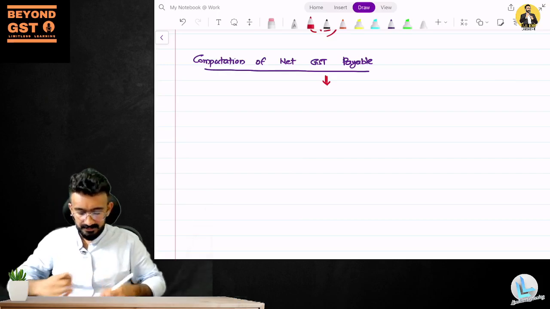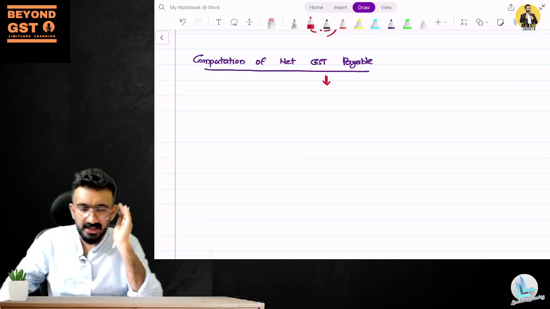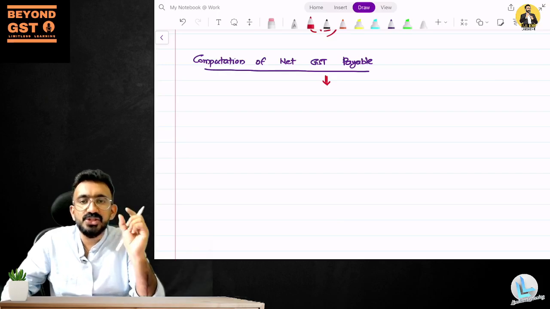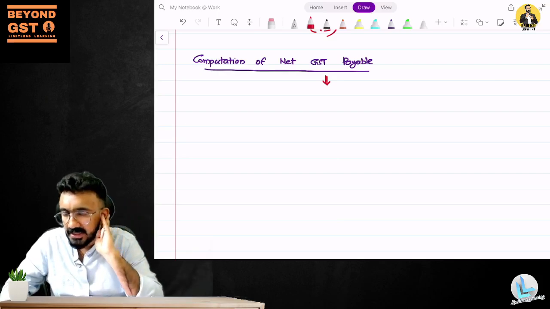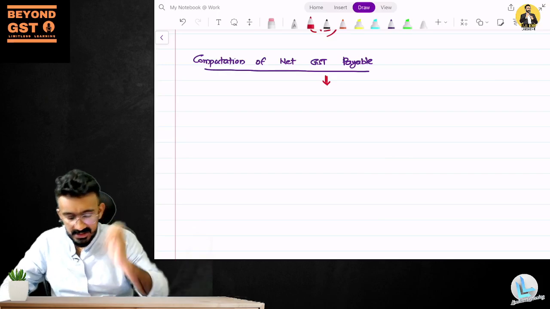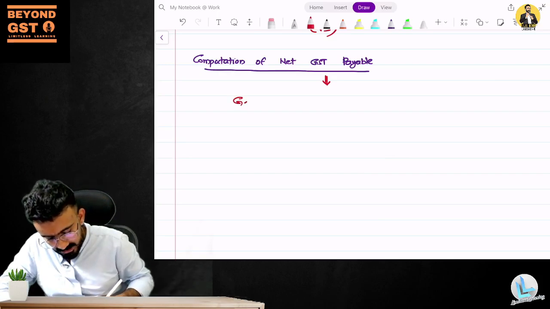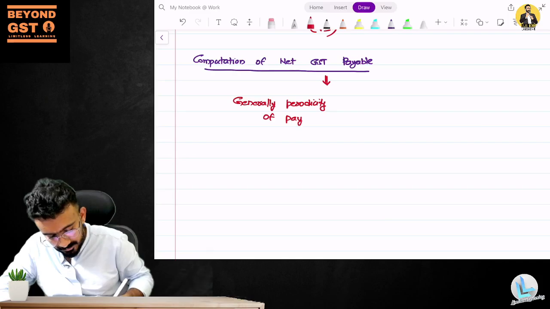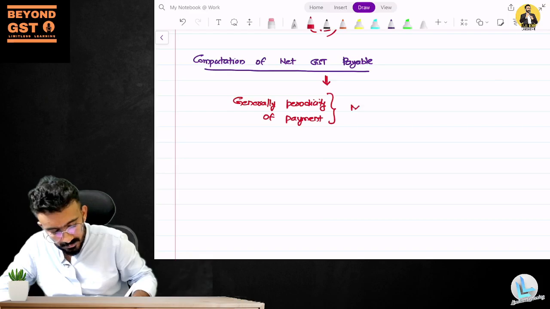Every supplier in India will have to pay GST to the government, right? What is generally the periodicity of payment of GST? It is monthly basis.